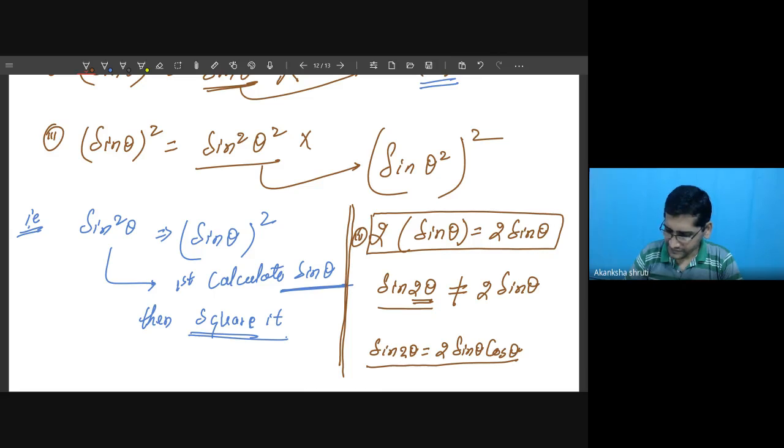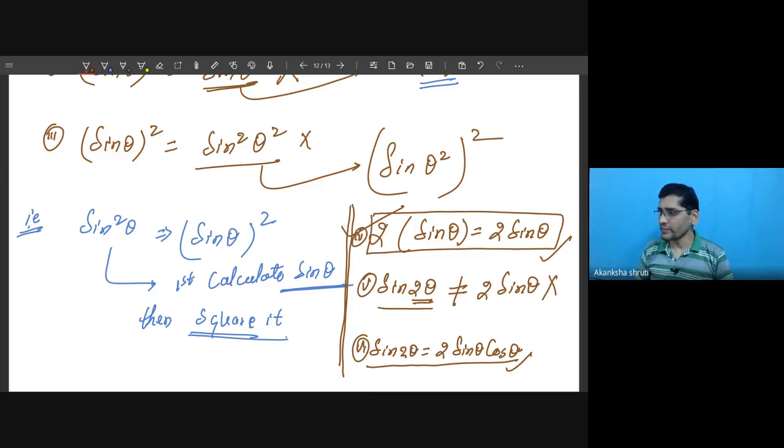Fourth, this is correct also, but this fifth, it is wrong to say. It means it is not equal. The correct value is like this. This is correct.